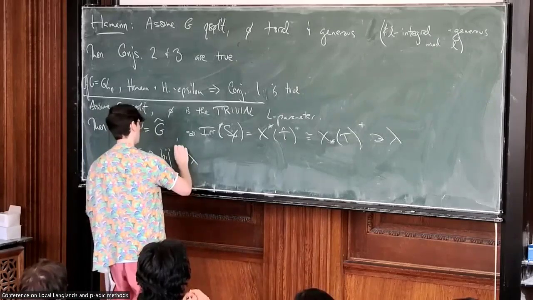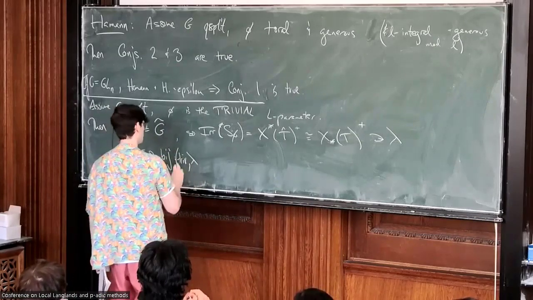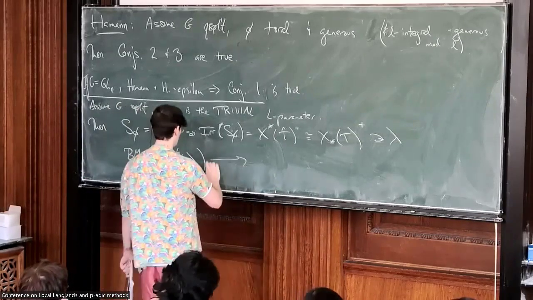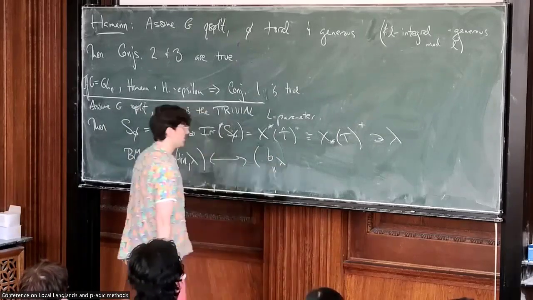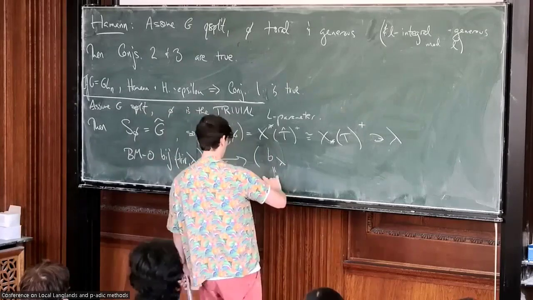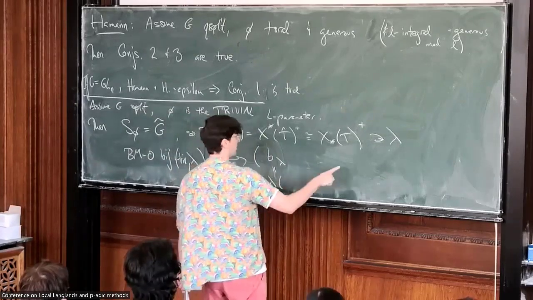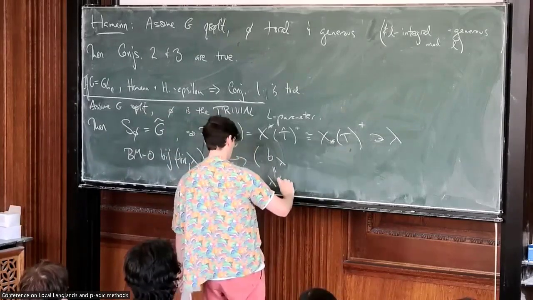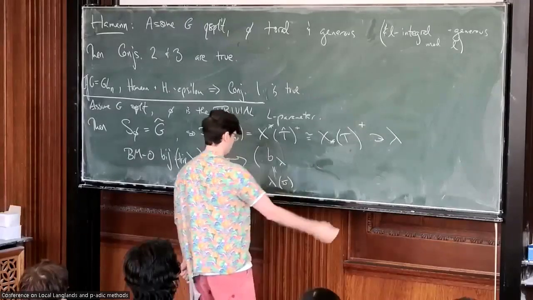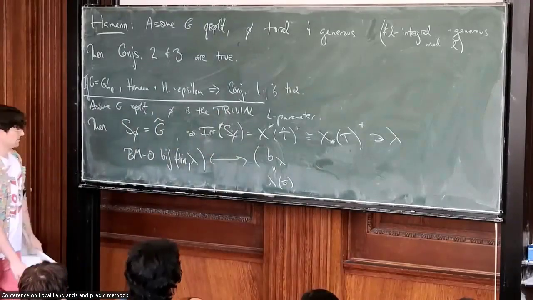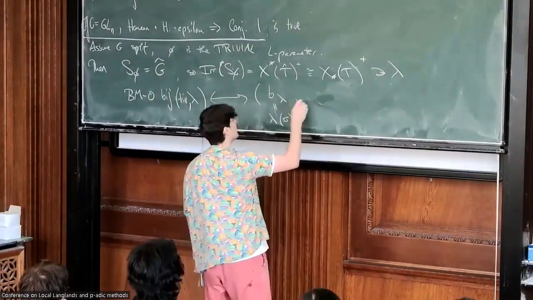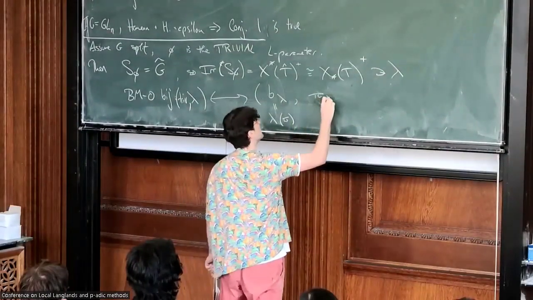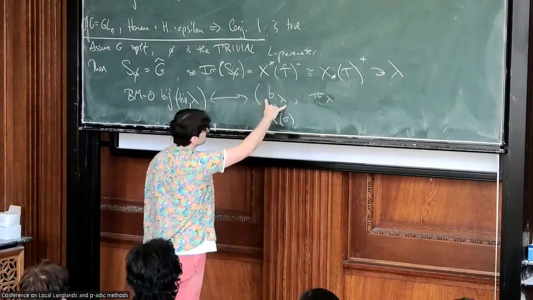So the pair b, pi corresponds to lambda in the following extremely concrete way. What is b? It's literally just the class in B(G) of lambda, viewed as a cocharacter for T, evaluated on a uniformizer of E. What is G_b?